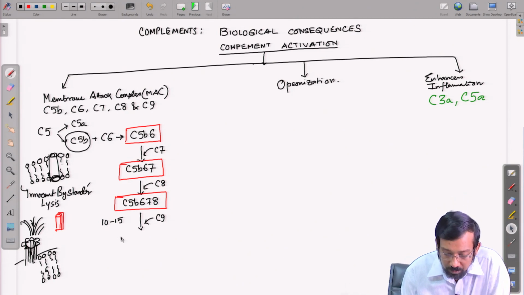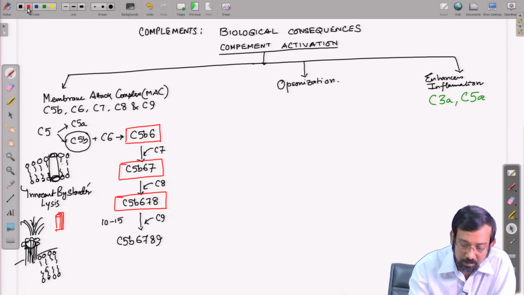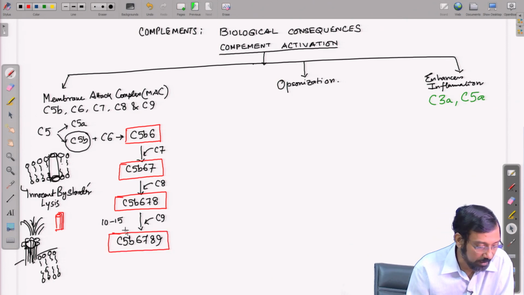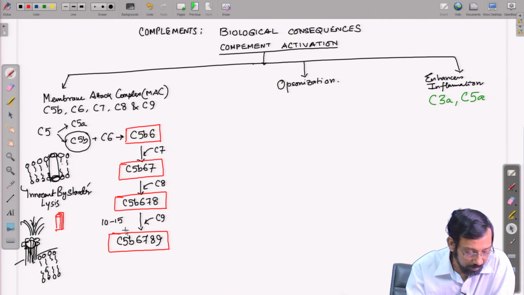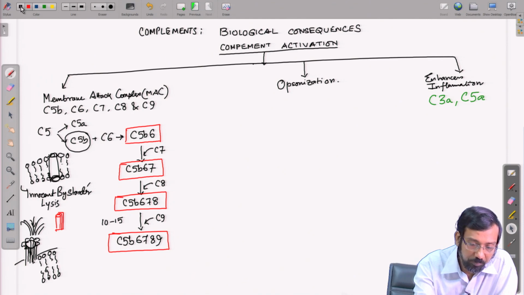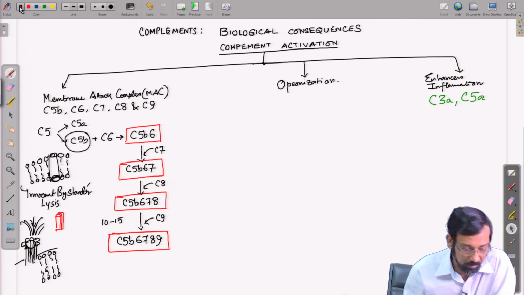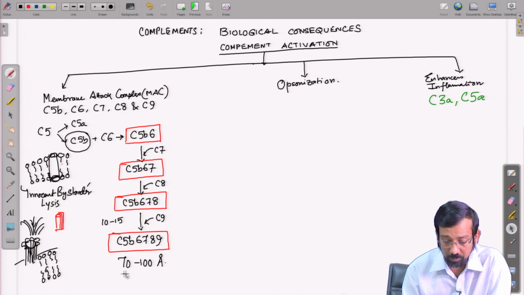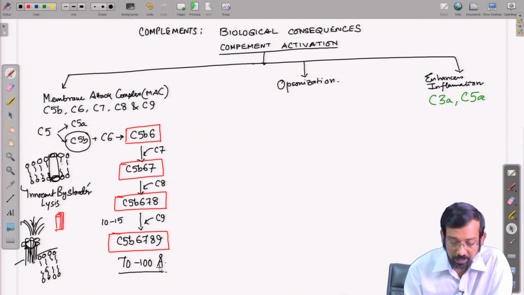So, what is formed here is C5b6789, and this is nothing but the membrane attack complex. This membrane attack complex usually has a size in the range of 70 to 100 angstrom, and it looks like a cylindrical structure.